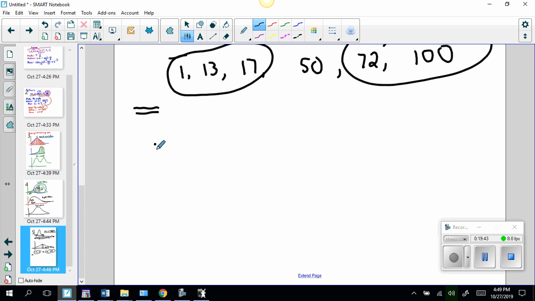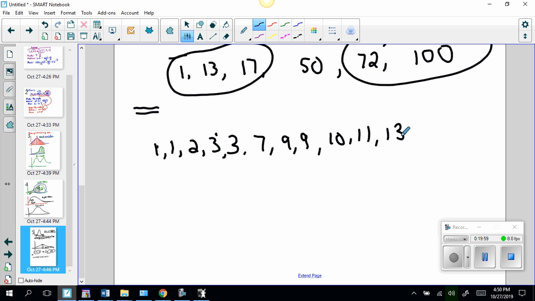If you have 1, 1, 2, 3, 3, 7, 9, 9, 10, 11, 13, there are two 1s, two 3s, and two 9s. The mode is 1, 3, or 9.